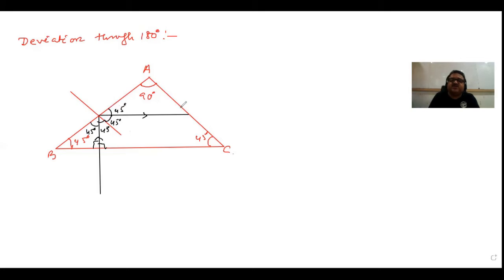So if it is 45, it is also 45. And if it is 45, now if I draw a normal at this point, what will happen? This angle will be 45. So watch this triangle and watch this larger triangle. Both the base angles are equal, and this ray will move parallel to the base, correct?